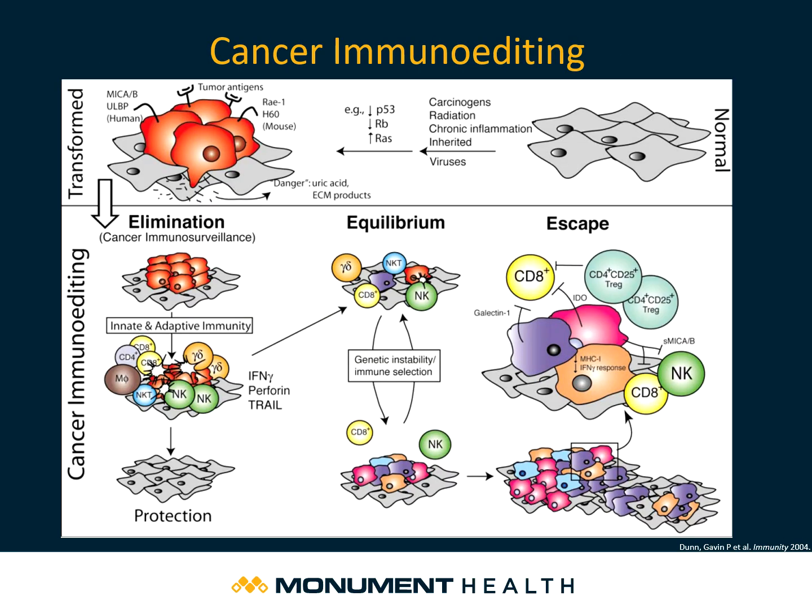Shown on this slide is a visual of the three phases of cancer immunoediting that I previously described on the last slide. This shows the consequence of what can occur when cancer is not treated within a timely manner.